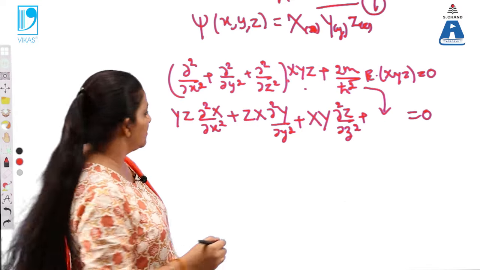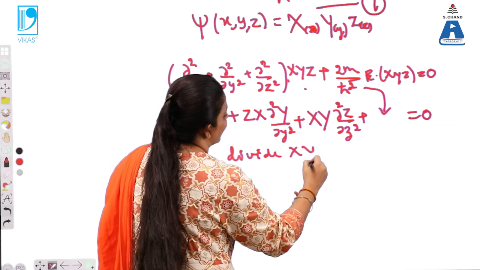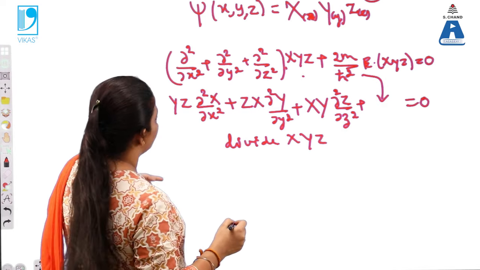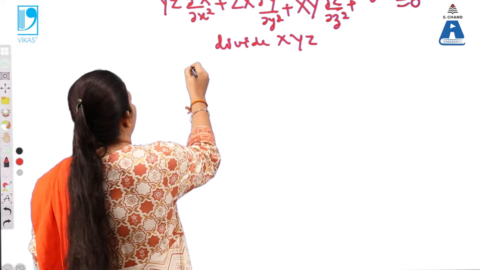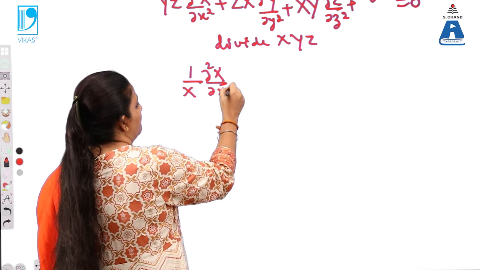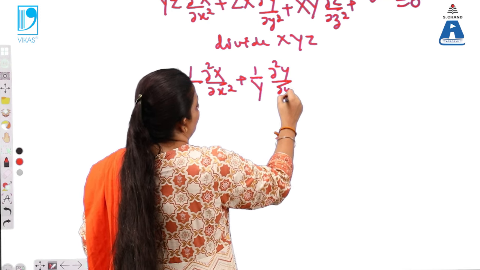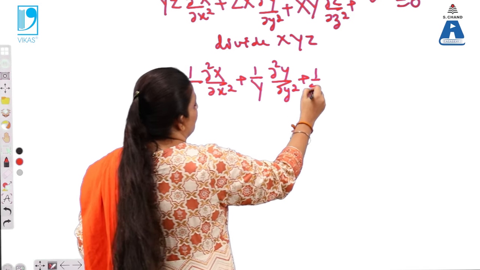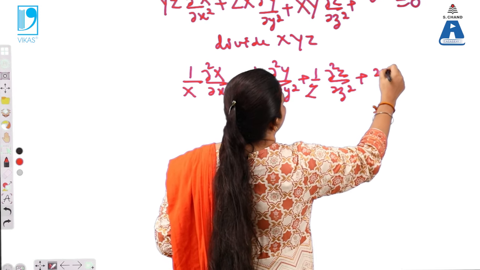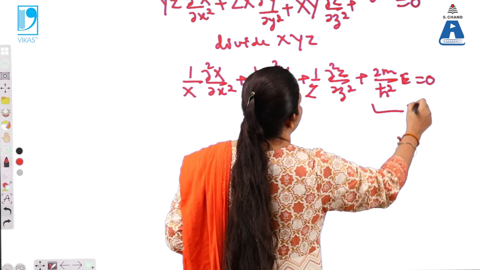Now divide the whole equation with x, y, z. Divide this with x, y, z, then we will get on both the sides. Write this as equation number 3.